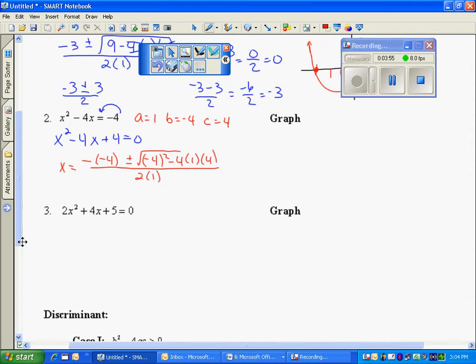Now simplifying this, we always like to look at the inside here. If I multiply 4 times 4, I get 16, and it's negative. When I square negative 4, I also get a positive 16, so I'm going to get x equals, 2 negatives make that a 4, plus or minus the square root of 16 minus 16, all over 2. Well, that's just 0.